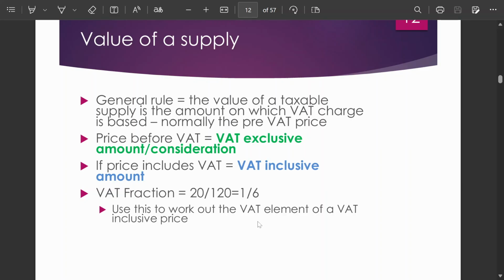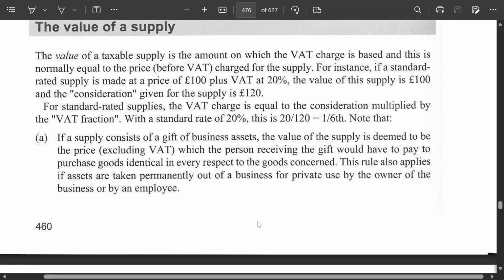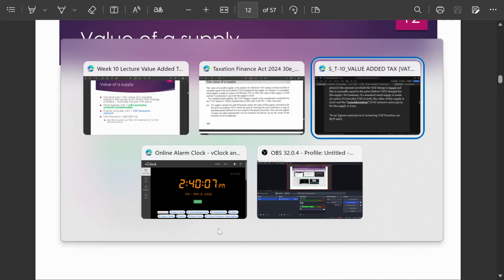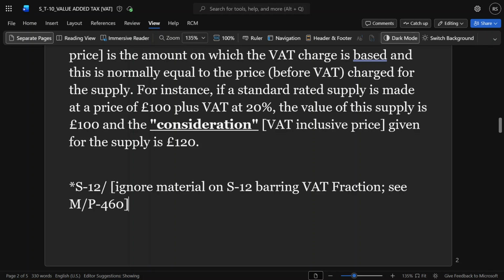How do we use the VAT fraction? We take the VAT fraction and multiply it by the consideration. Let me write it here, otherwise it's not very clear. The definition should be given: what is the VAT fraction?